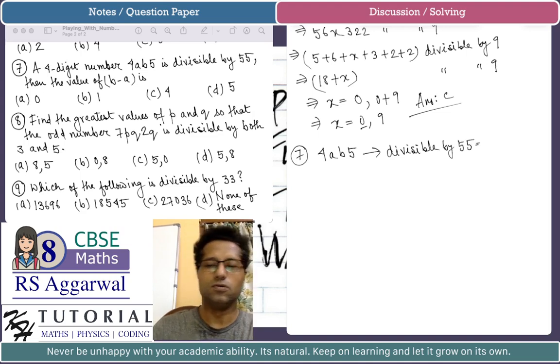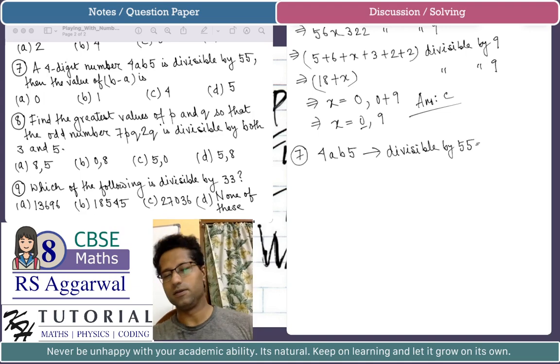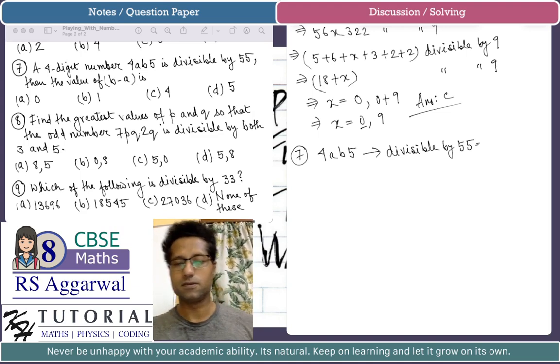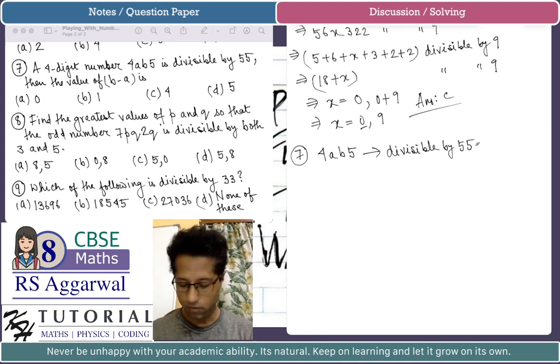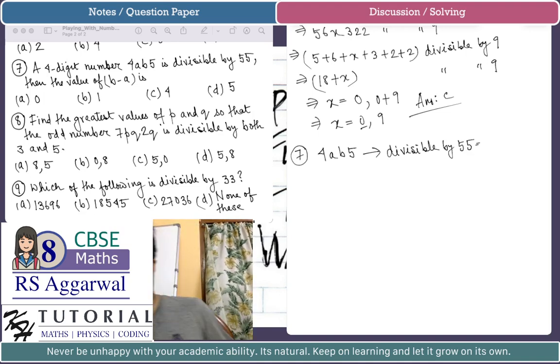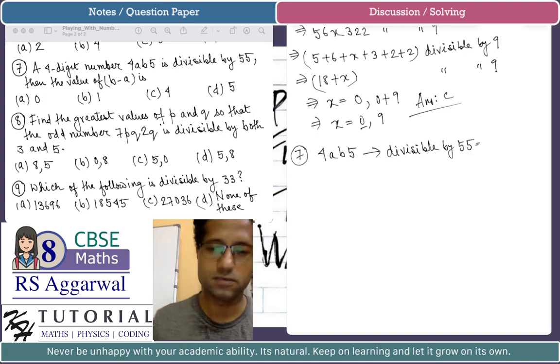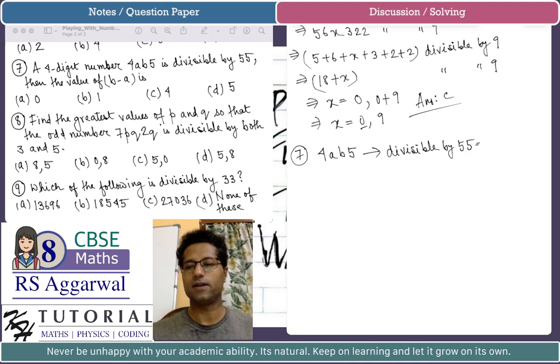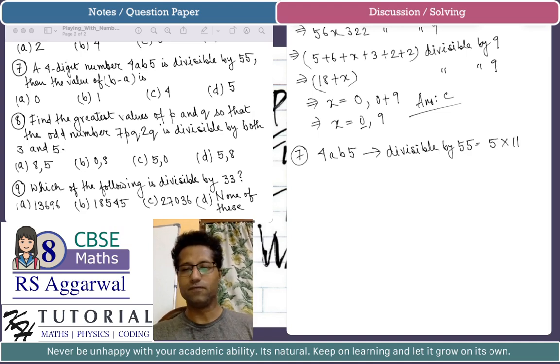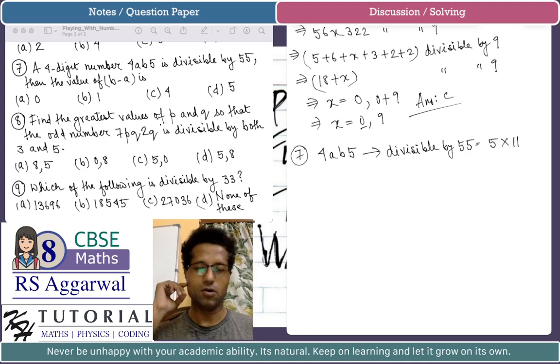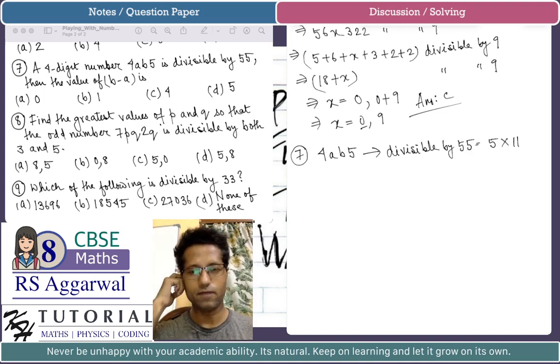As I said, when it is given that a number is divisible by some number, if that number is not between 2 to 11, always try to factorize that number into factors such that those factors do not have a common factor. So for 55, there is only one choice, 5 into 11. So if it is divisible by 55, it must be divisible by all its factors, which are 5 and 11.